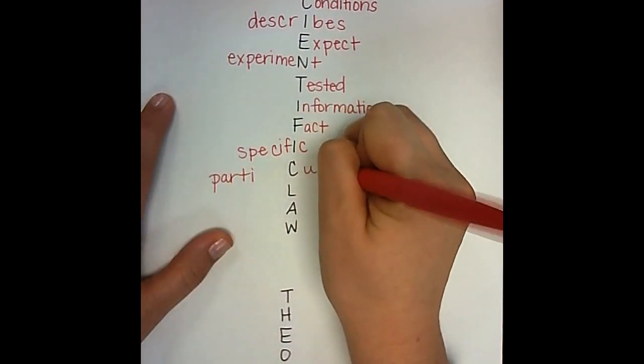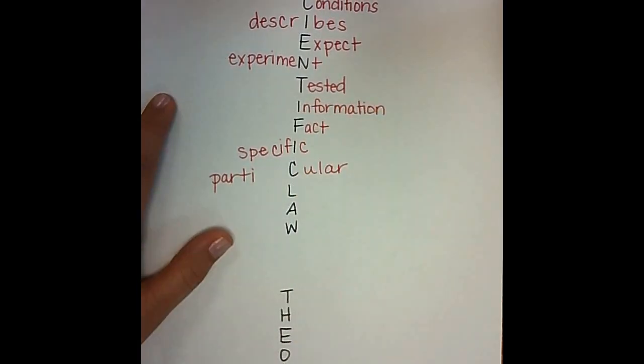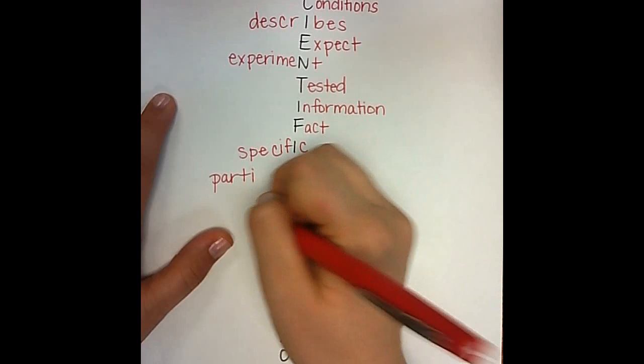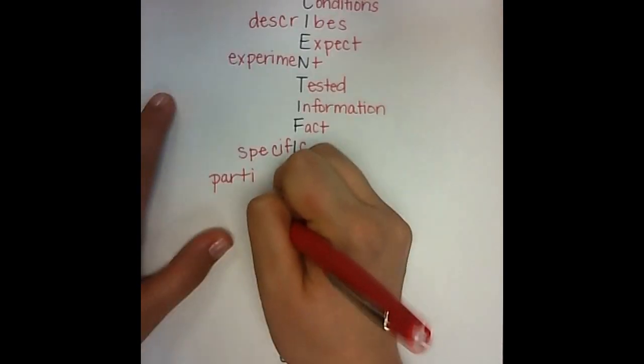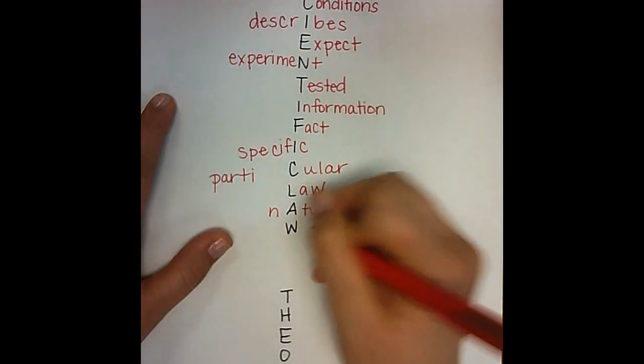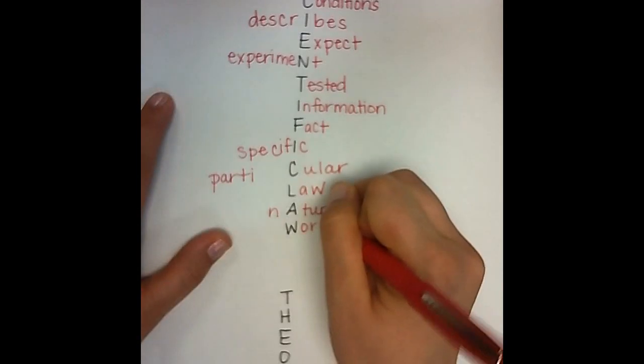For the L, I'm going to use the word law. For A, I'm going to do natural. And for W, I'm going to do world.